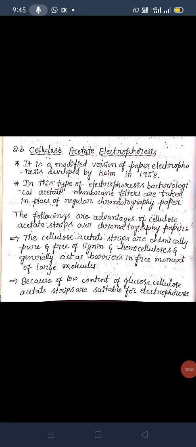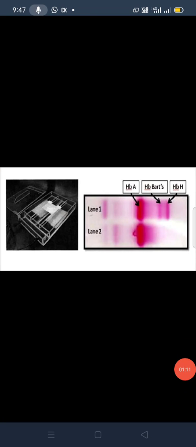In cellulose acetate electrophoresis, we use bacteriological acetate membrane filters for the separation of component mixtures, and the procedure is the same as that of paper electrophoresis.